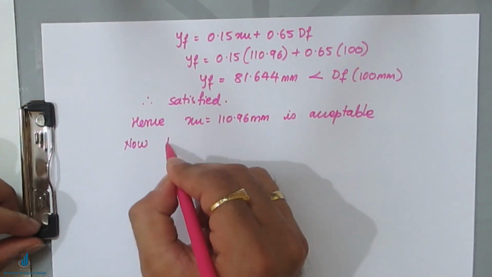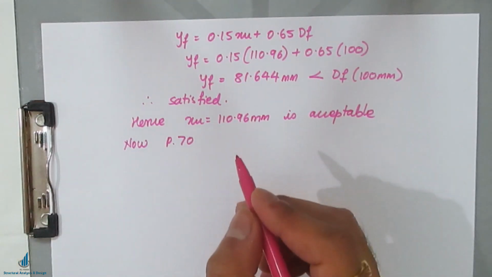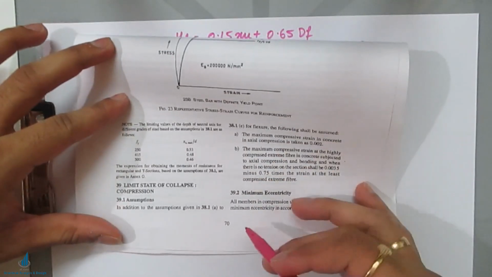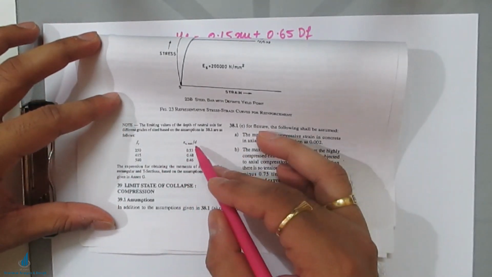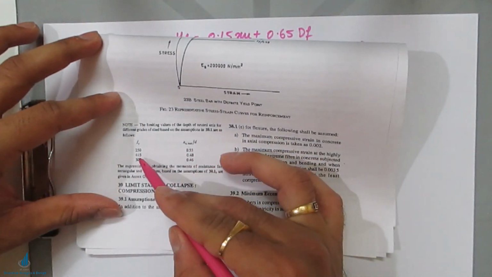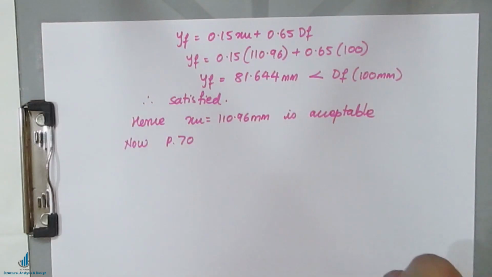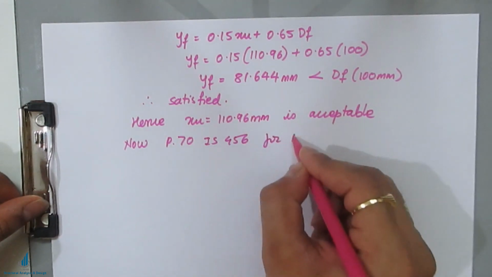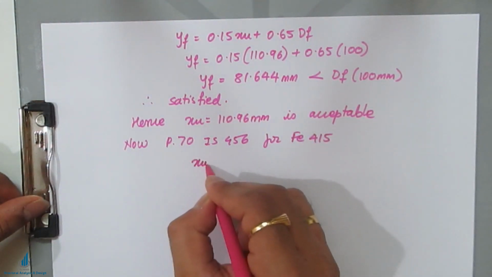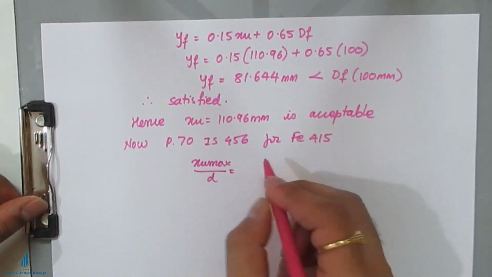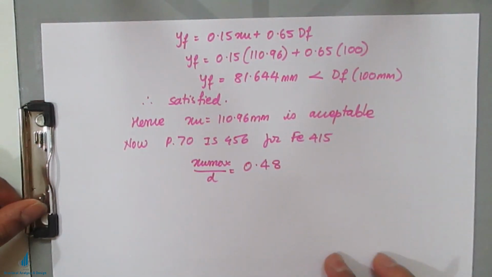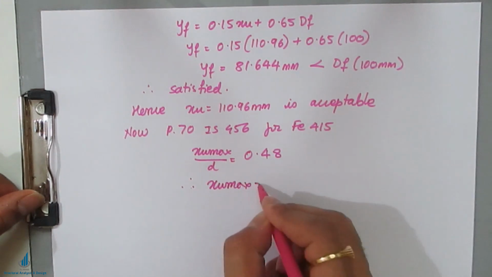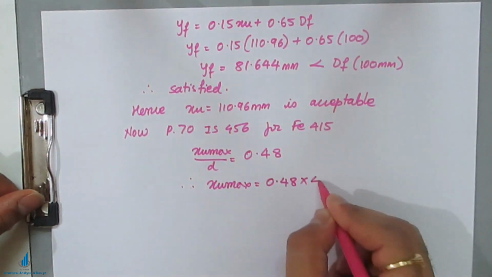Now from page number 70, if you remember, we have solved many problems by taking this xu max. This I will show again. On page number 70 of IS 456 2000, you have to find xu max by d value. For 415 grade it is 0.48. So from page number 70, IS 456, for Fe 415, xu max by d value is 0.48. The d value you know, therefore xu max equals 0.48 into 400.